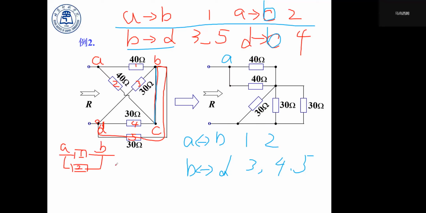And between B and D, we can just connect 3, 4, 5. Like this, right?